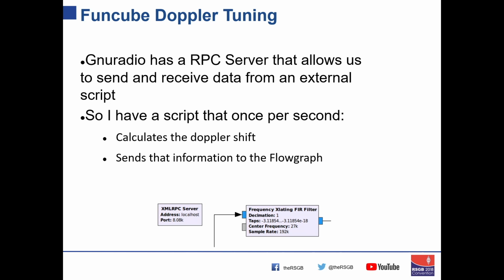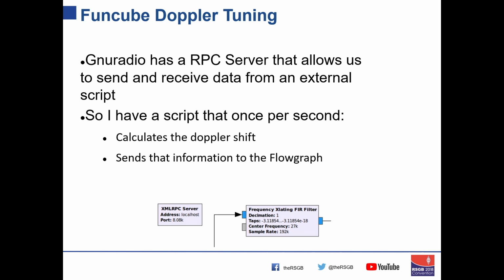Now, since we have Doppler, we have to deal with it. Luckily, GNU Radio has a block that allows us to control the flow graph, as we call it, remotely. So I wrote a script that once a second calculates the Doppler shift by talking to a satellite prediction program.